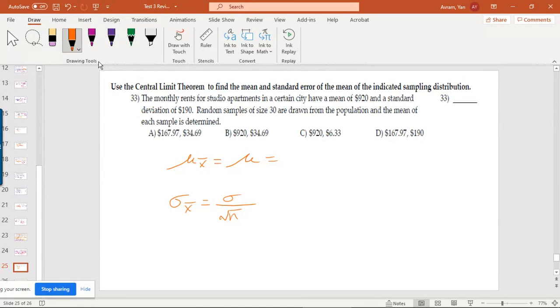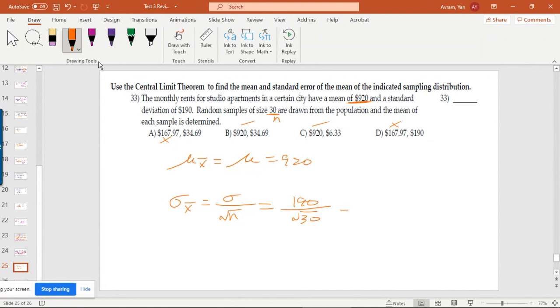So the sample mean is equal to the population mean. The population mean is 920, so that should be 920. This would be the incorrect one, okay? And the standard error is equal to the population standard deviation divided by the square root of n. N here is 30.